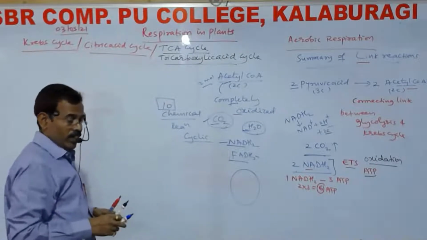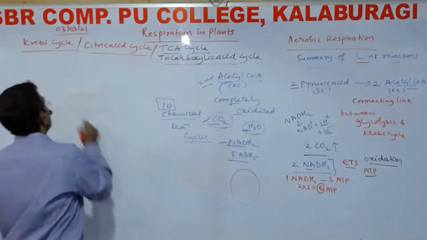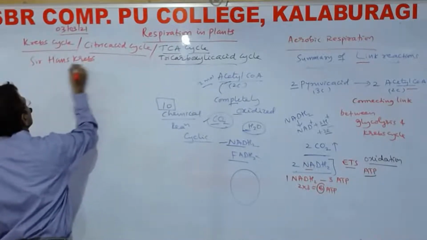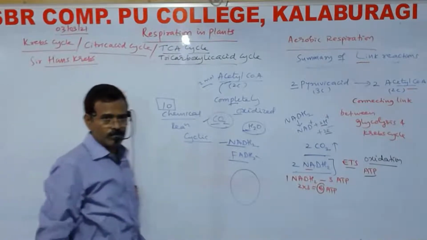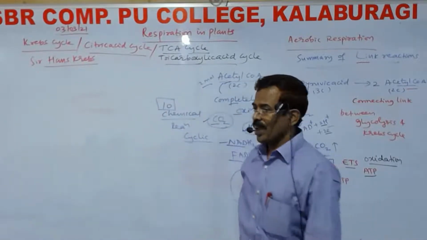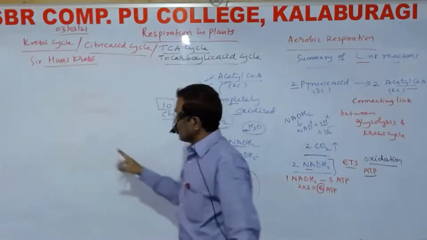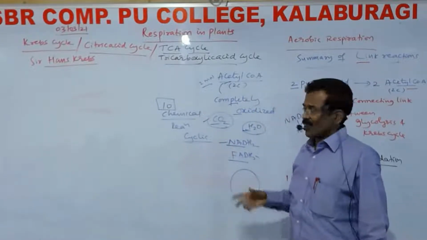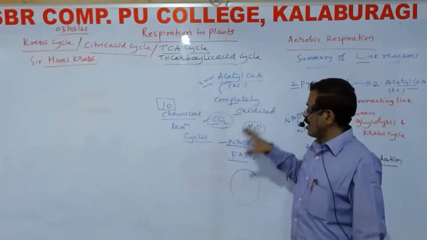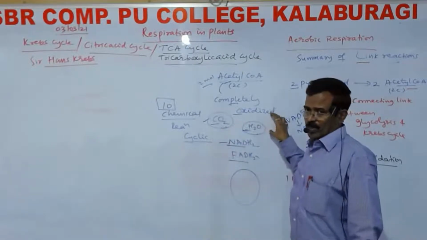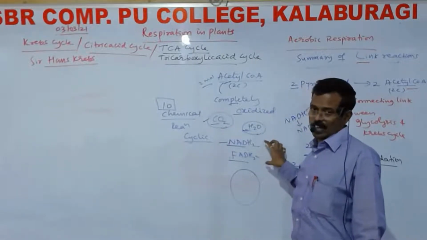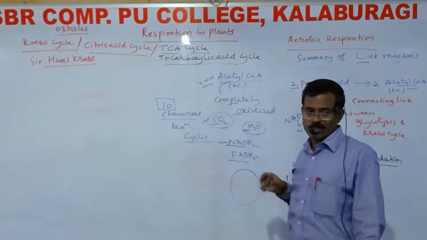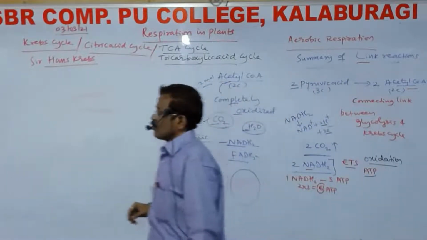These 10 reactions were worked out by a British biochemist, Sir Hans Krebs. He worked out all 10 chemical reactions which occur in the form of a cycle, resulting in complete oxidation of acetyl coenzyme to produce carbon dioxide and a few water molecules, with the production of reduced coenzymes. More reduced coenzymes like NADH2 are produced in this step. That's why it is called the Krebs cycle.